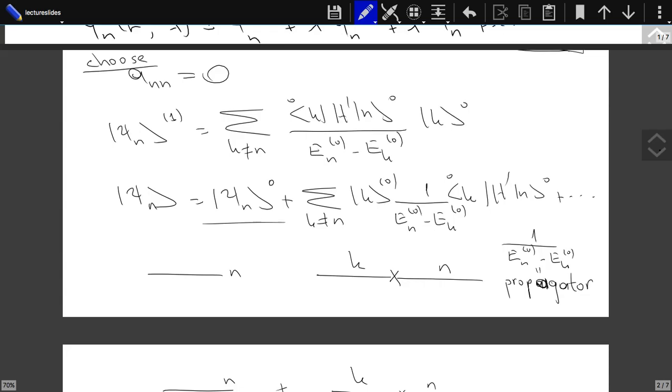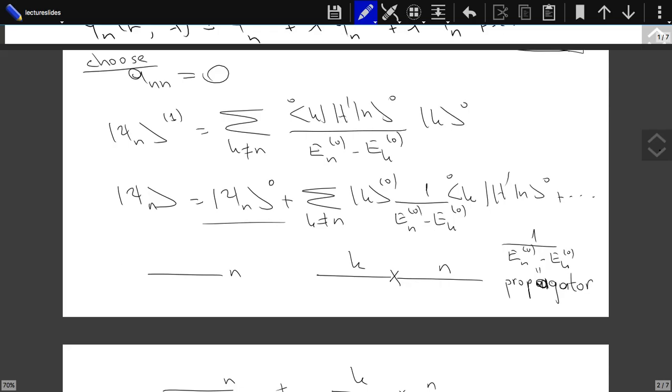So degeneracy gave us a freedom to choose our basis, because if you have two states having the same energy eigenvalue, any superposition will have the same eigenvalue. So we have to choose one combination or some other combination. Now we use this freedom to choose our states such that the matrix element of H prime between degenerate states is 0.